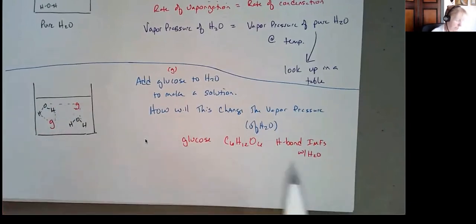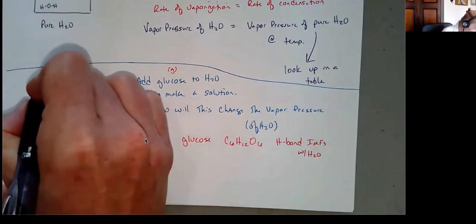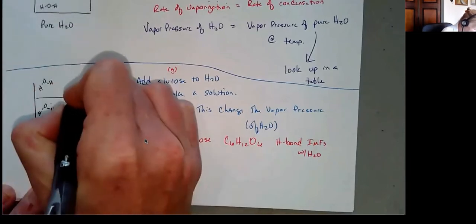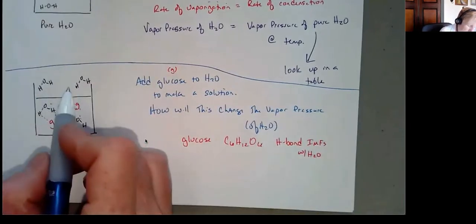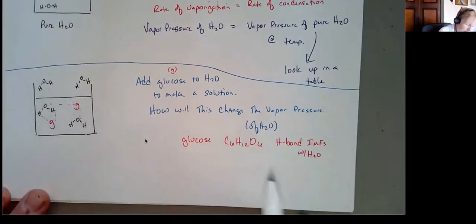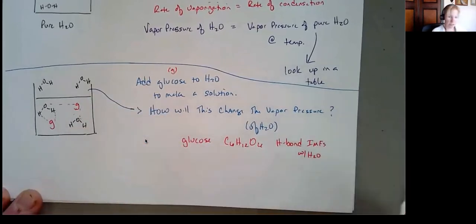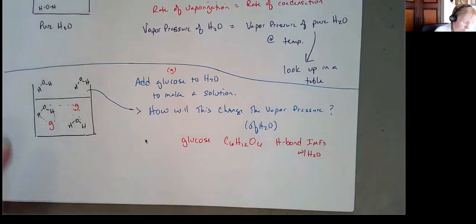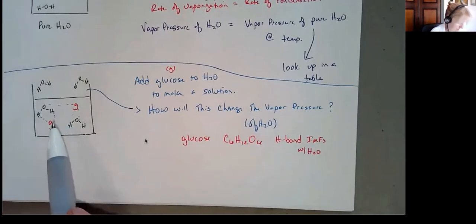So if I'm looking at the vapor pressure of the water molecules that are above the liquid, I want to measure what's happening here above the liquid. How is adding glucose going to change this vapor pressure? Is it going to keep it the same? Is it going to increase it, or is it going to decrease it?